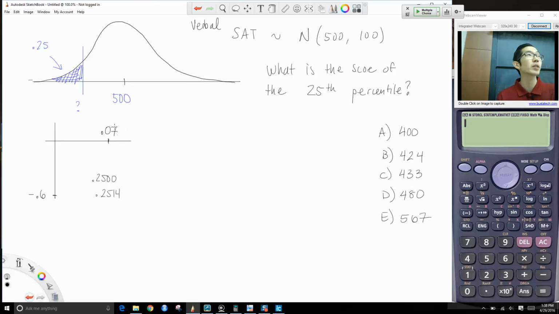Just want to make sure everyone's okay at this step. All right, and so if our z-score is -0.67, we want to turn this into an SAT score. So -0.67 is x minus the mean of 500 divided by 100.